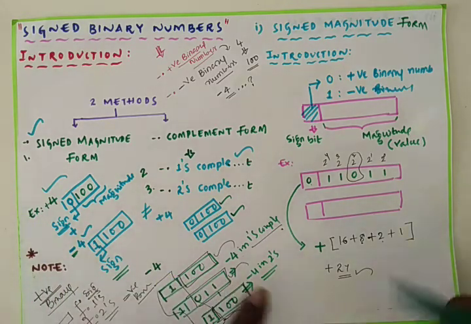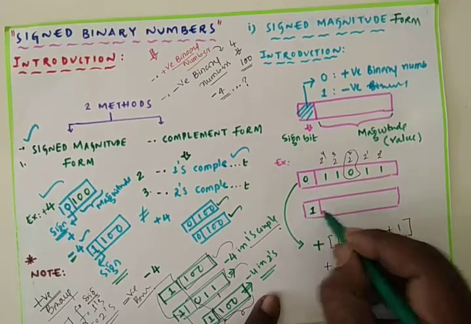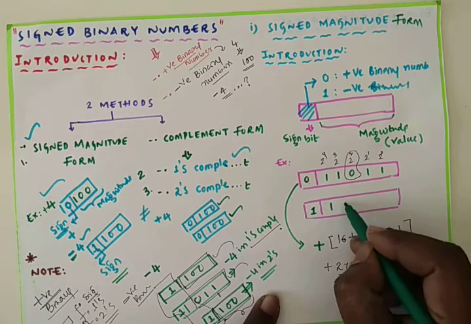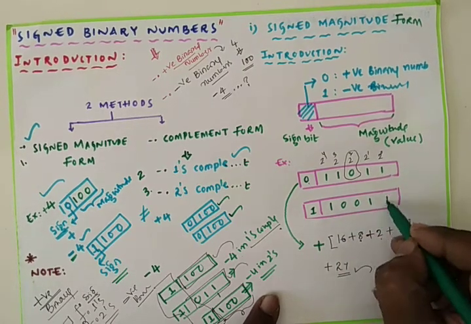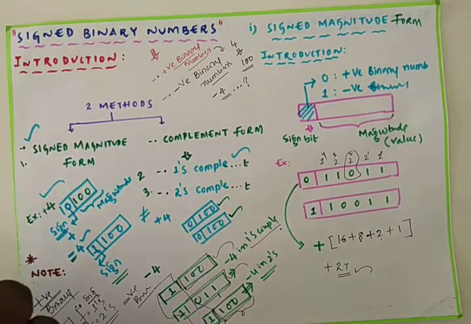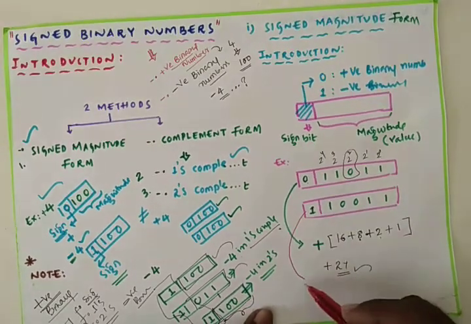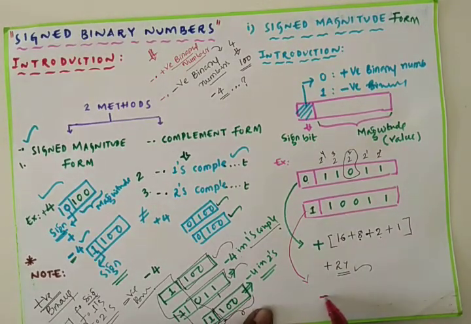Here I am having the number where the sign bit is 1, and it has 1 0 0 1 1. This is the question: what will be the equivalent signed binary number? We should understand. See this one. Here the sign bit is 1, so the result will be negative.